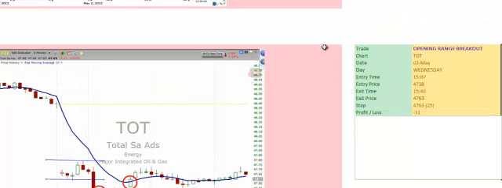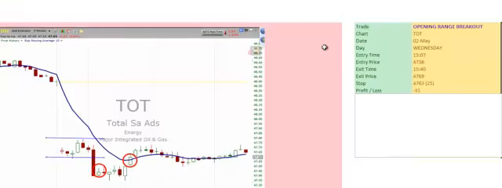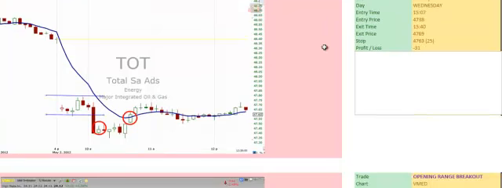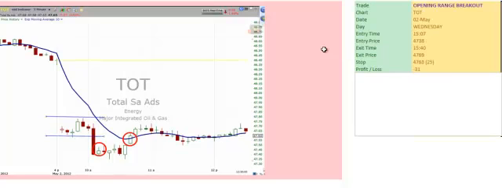The total loss for the day of 123 cents, or 123 points, 123 pips, depending if you're spread betting or you're trading shares.